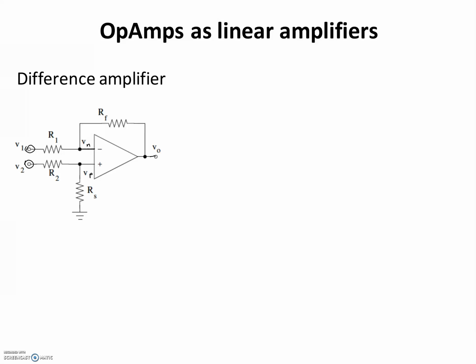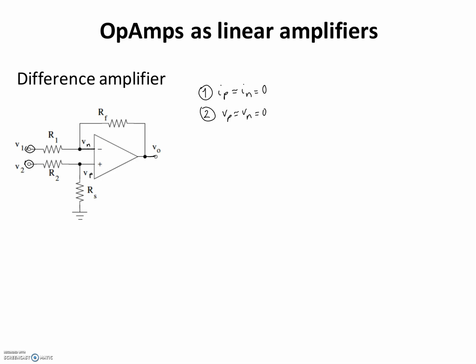So let's use the node voltage analysis method to calculate an expression that relates Vout to V1 and V2. The first golden rule of op-amps is that IP is equal to IN, that's equal to 0. The second golden rule of op-amps is that in the presence of negative feedback, which we have here, since Vout is connected to the inverting terminal of the op-amp, Vp is equal to Vn.